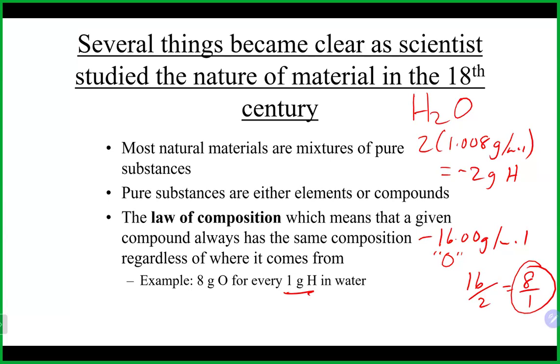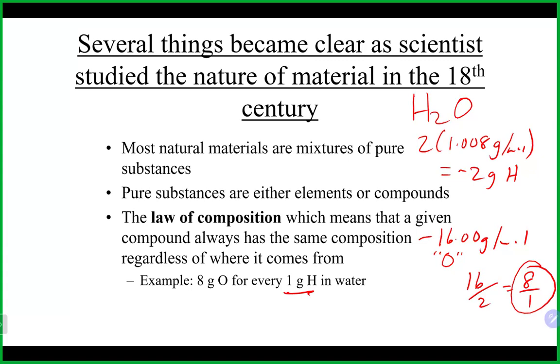So things are always put together in simple ratios, and they always come together by mass in the same sort of ratio. Yes, sir. No, there is. You could definitely have other proportions of elements that come together, even the same elements.